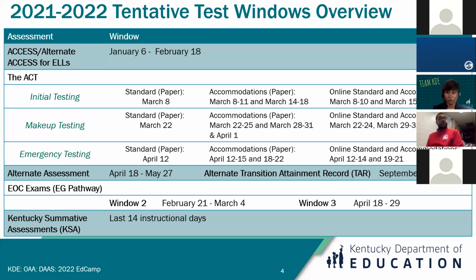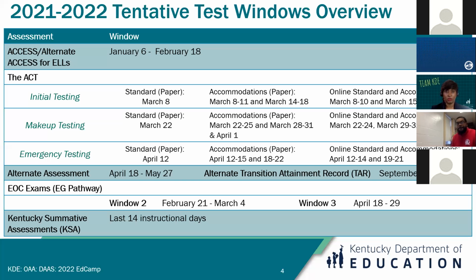We also will begin window 2 for the EOC. That will be, as you can see here, February 21st through the 4th, and then window 3 is April 18th through 29th.